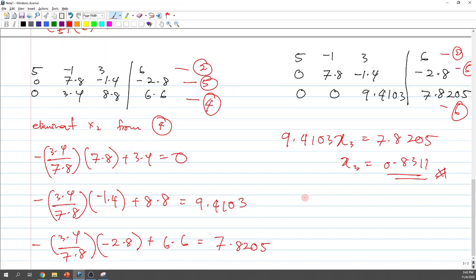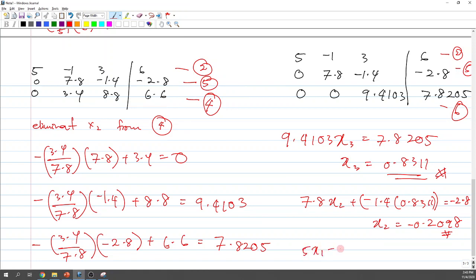So for x2, so 7.8 x2 plus negative 1.4 times 0.8311 equal to negative 2.8. Okay, so x2 equal to negative 0.2098. Okay, so then solve the equation 1.